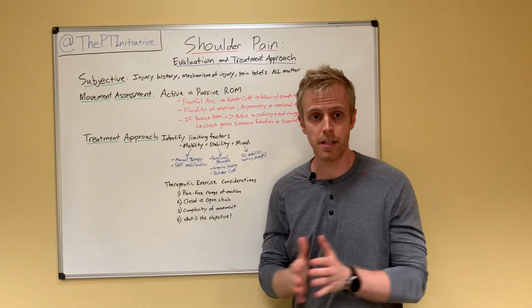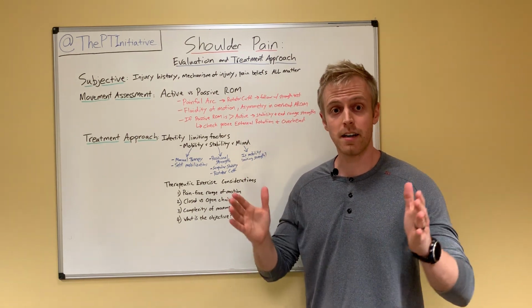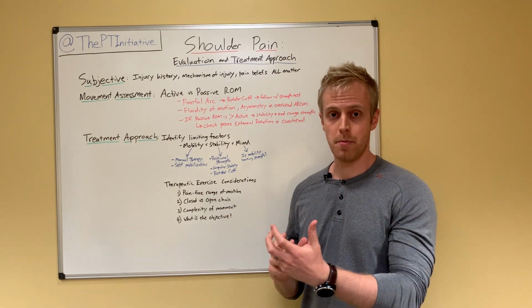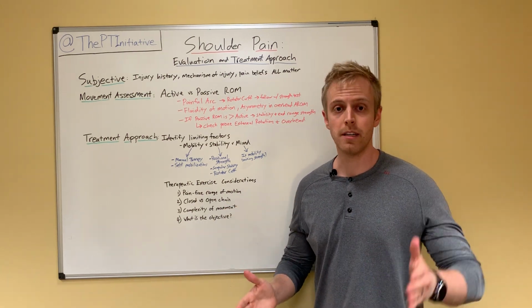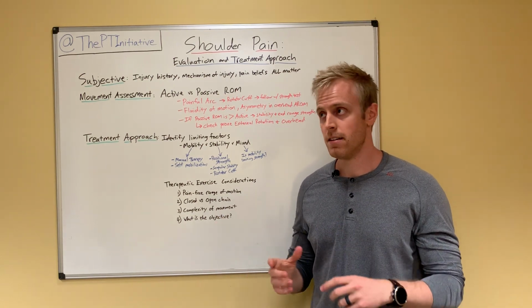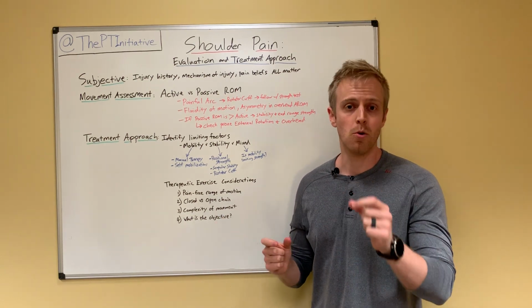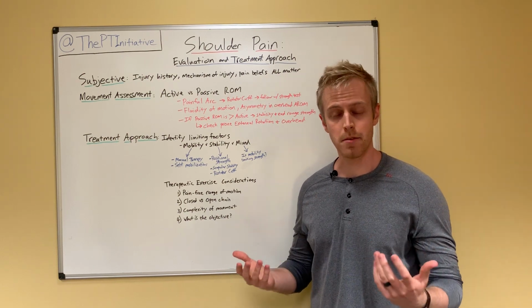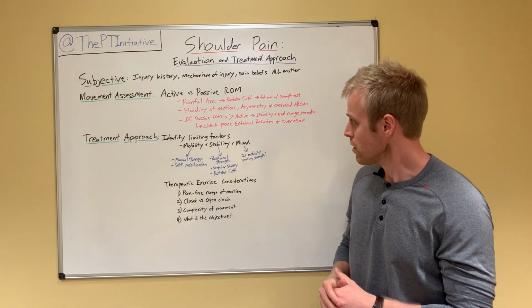Asymmetry side to side is a big thing I look at. Is there a difference in motion, and how does that correlate with their pain? Just moving a little differently left versus right doesn't necessarily mean you're going to have a painful shoulder, but if it correlates to a pain response or pain input that they're telling me about, then it definitely matters and I want to address it.